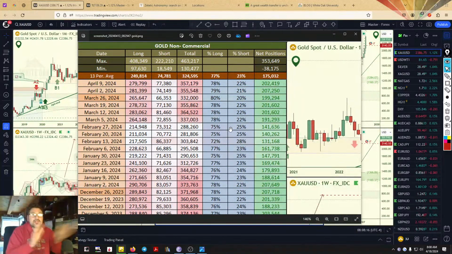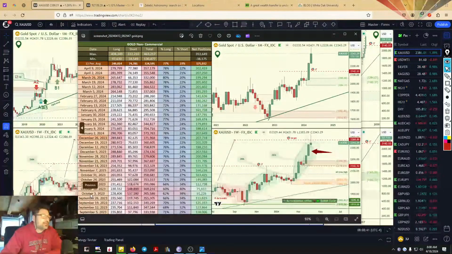You'd have to put things into context, right? If they were extremely bearish and then they started piling into longs, it doesn't necessarily mean that price is going to go higher. And just like in this case, just because they're piling into longs and shorts are not aggressive doesn't mean that they're extremely bullish.